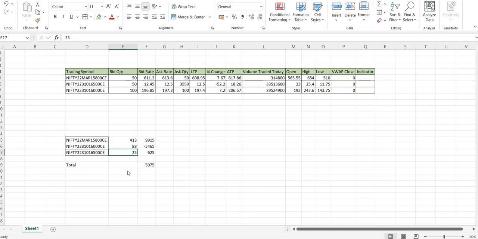This was already in profit because my monthly call has become an ITM option, and my 10th March expiry was still trading at the ATM price.